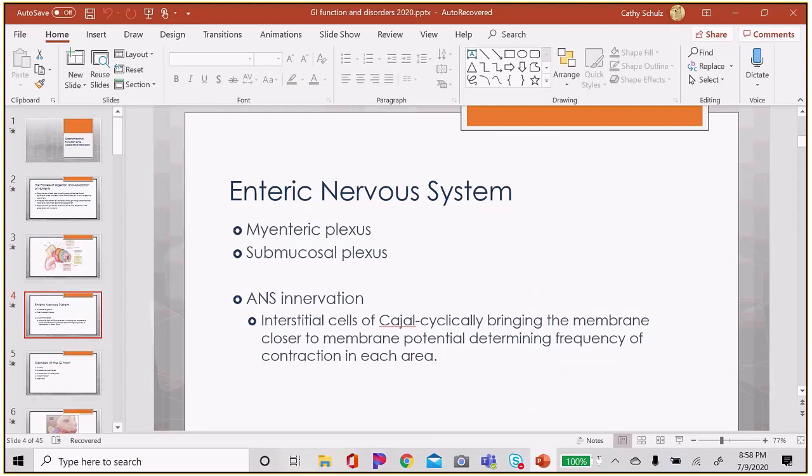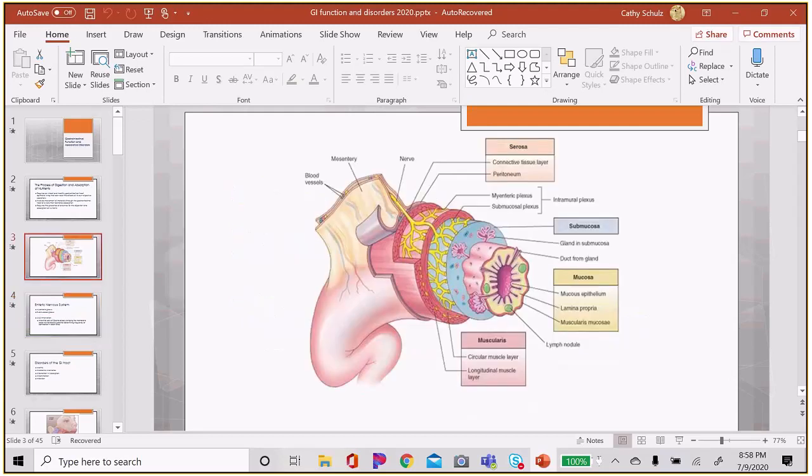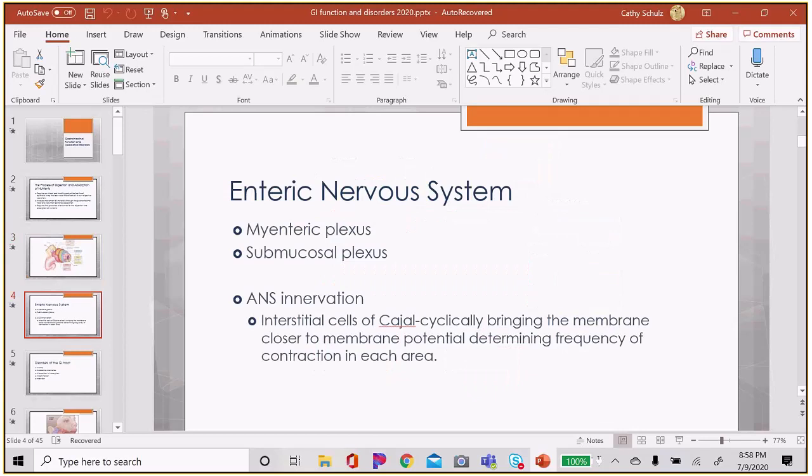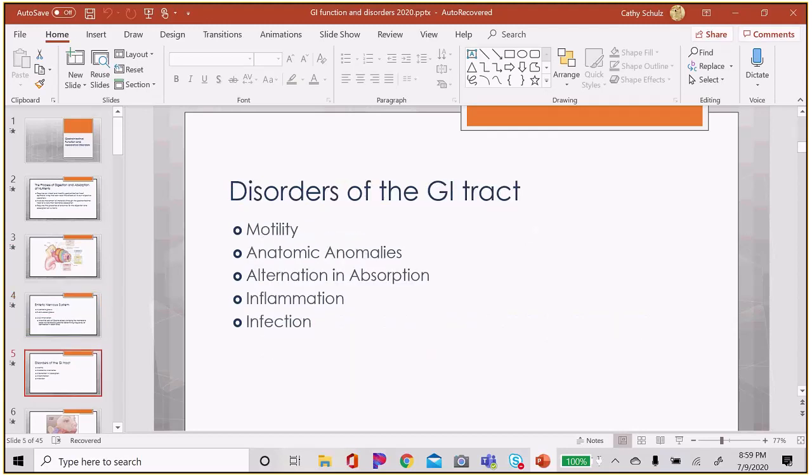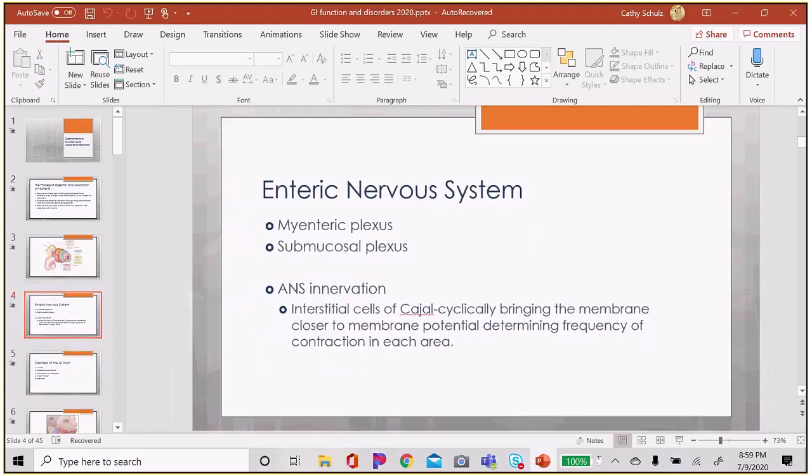So the enteric nervous system is where we saw in this picture. The enteric nervous system contains nerves that feed the muscle and nerves that feed the submucosa to help with mucus production. And there is autonomic nervous system innervation that helps to increase the frequency or decrease the frequency of contraction or mucus production.